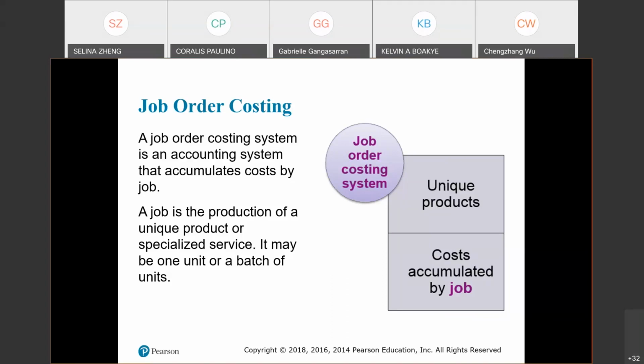These are unique jobs, so for these types of businesses, they would use job order costing. We need this costing method to track the cost for specific and unique jobs. In job order costing, the goal is to keep track of costs associated with specific jobs.